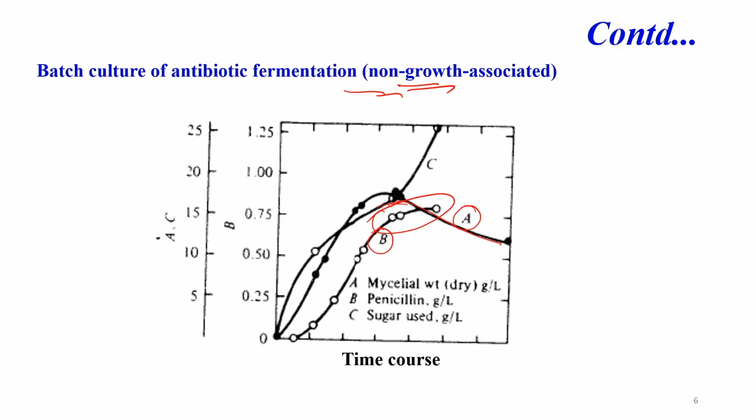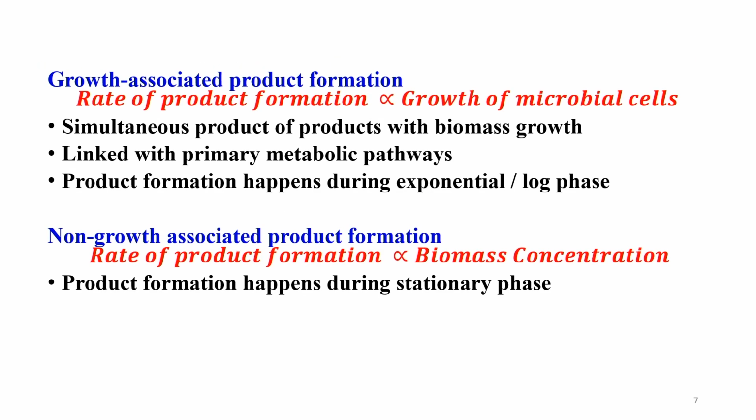So, what we have seen is that the product may be growth associated or non-growth associated. In fact, in some cases there can be a mixed type, both growth as well as non-growth associated. In the case of growth associated, the rate of product formation is proportional to the rate of microbial growth or rate of substrate utilization.